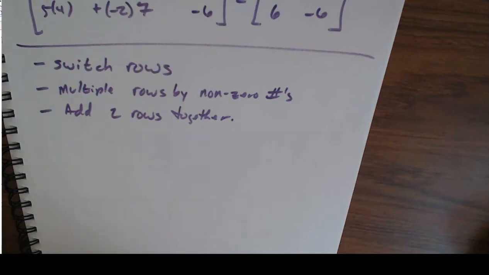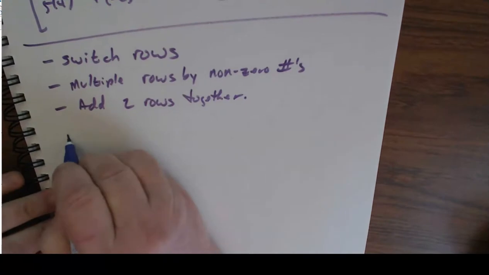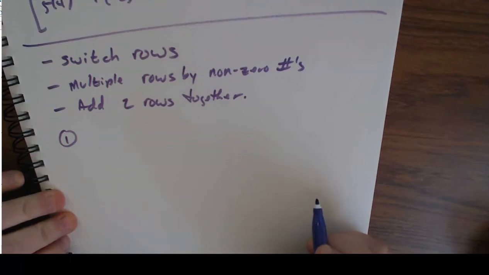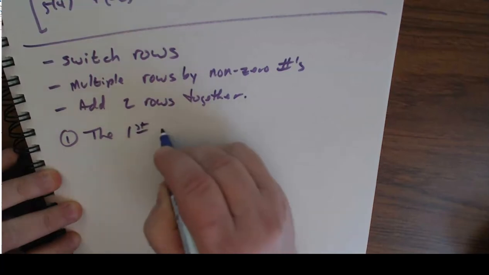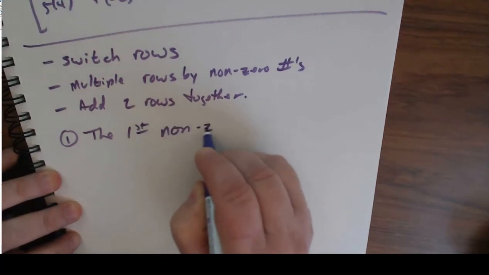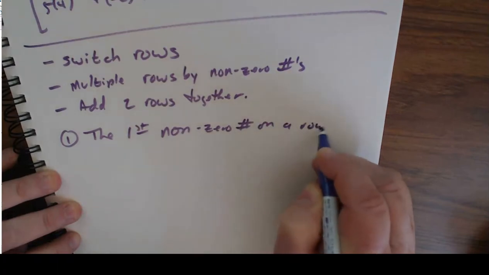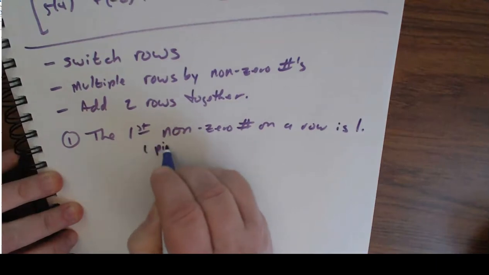When you put a matrix in reduced row echelon form, your goal is, in each row, the first non-zero number on each row must be a 1. And this is called a pivot.